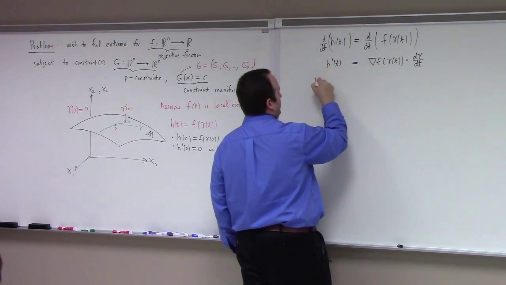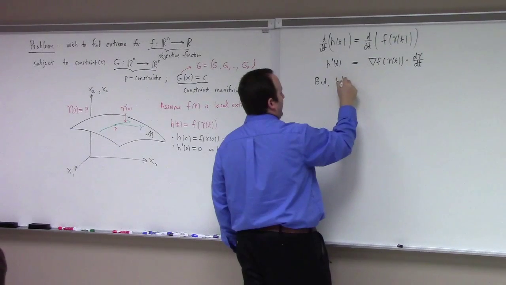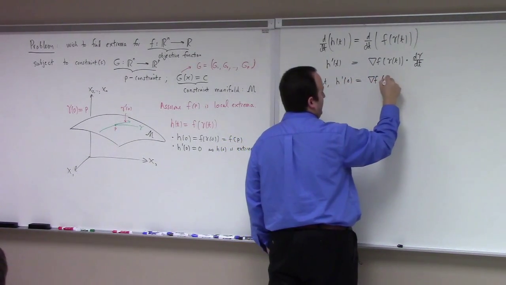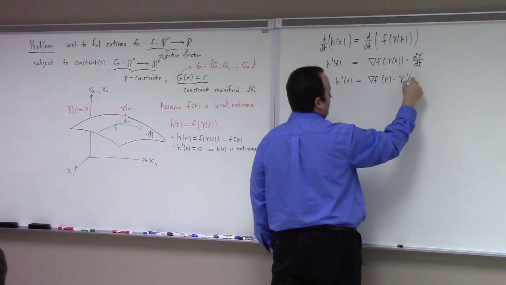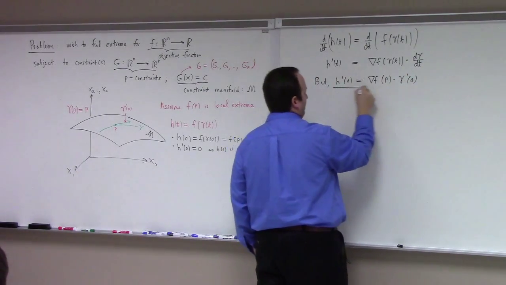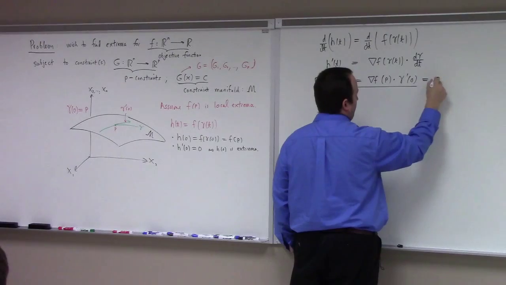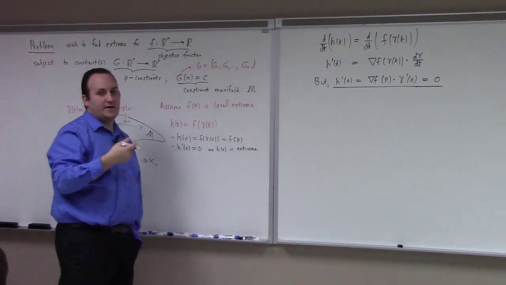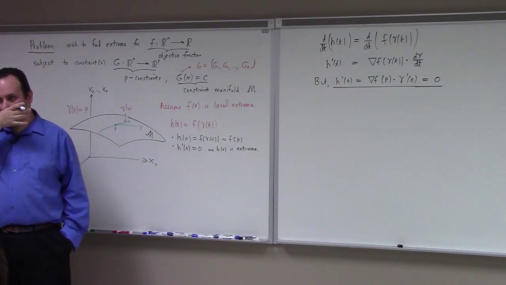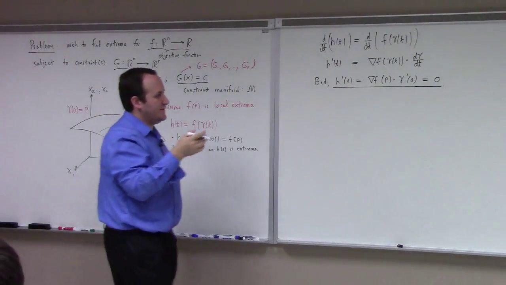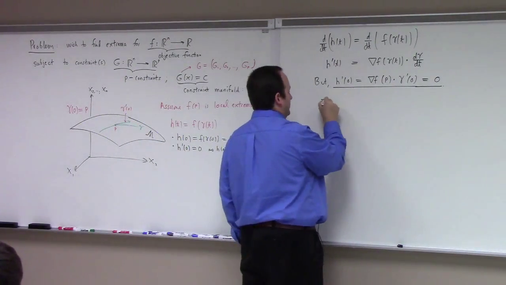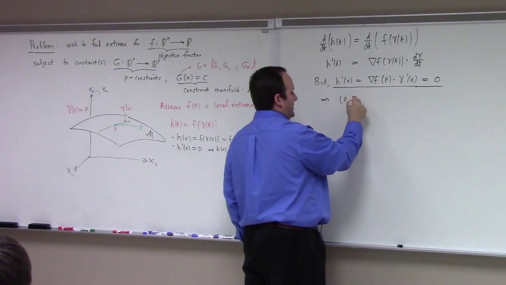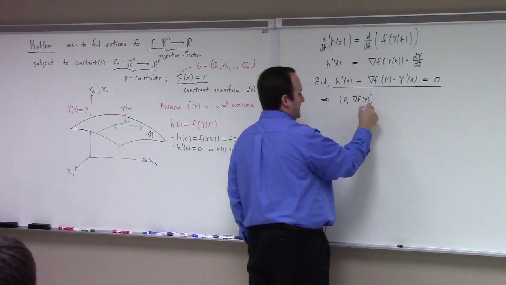But h prime of 0 is the gradient of f at the point p dotted with gamma prime of 0, and that has to be 0. Geometrically, what does that say about the tangent vector to the curve? Or more specifically, if you look at the point p and the gradient of f at p, what can we say about this vector?